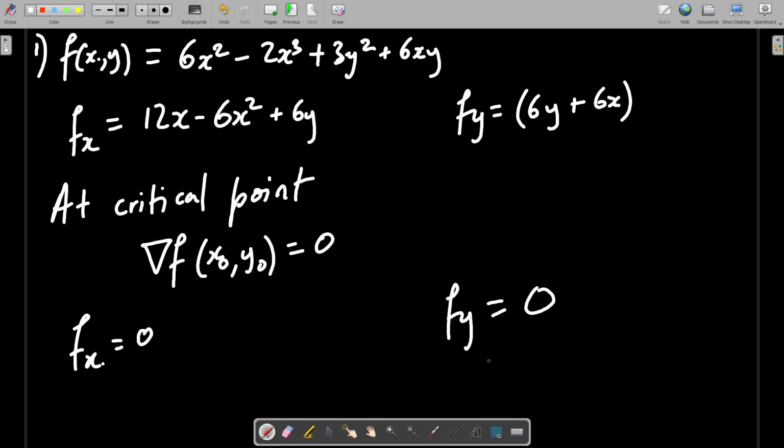So this one is the easier thing to simplify. You get 6y plus 6x is equal to 0. This will help you in concluding that y is equal to minus x, right?